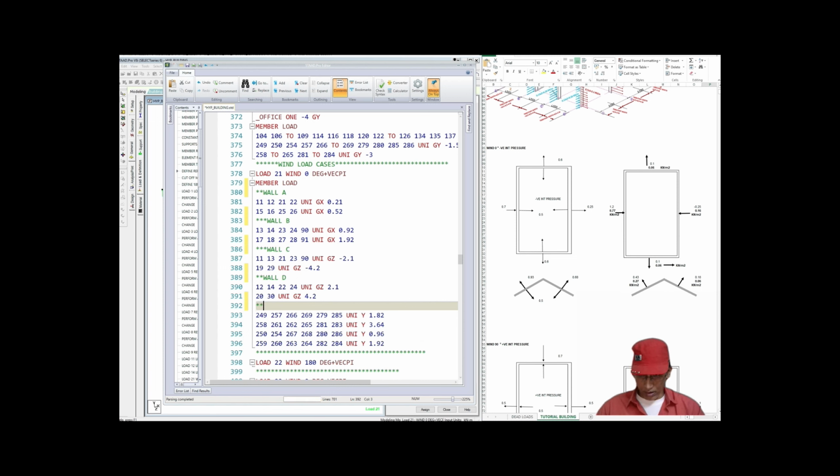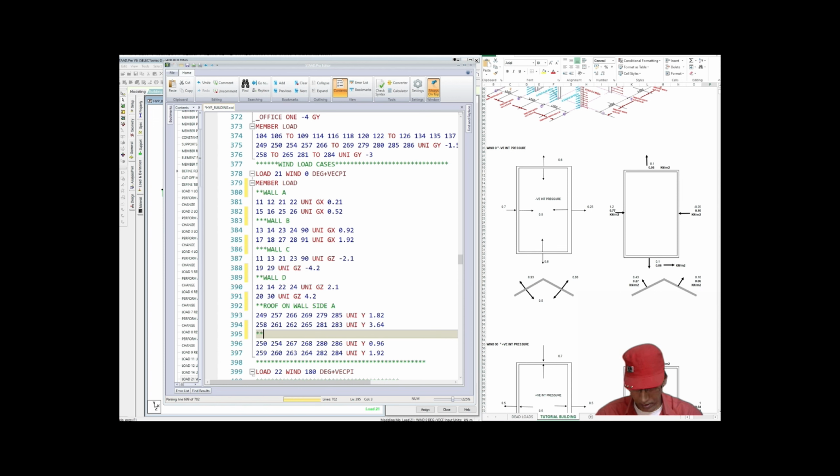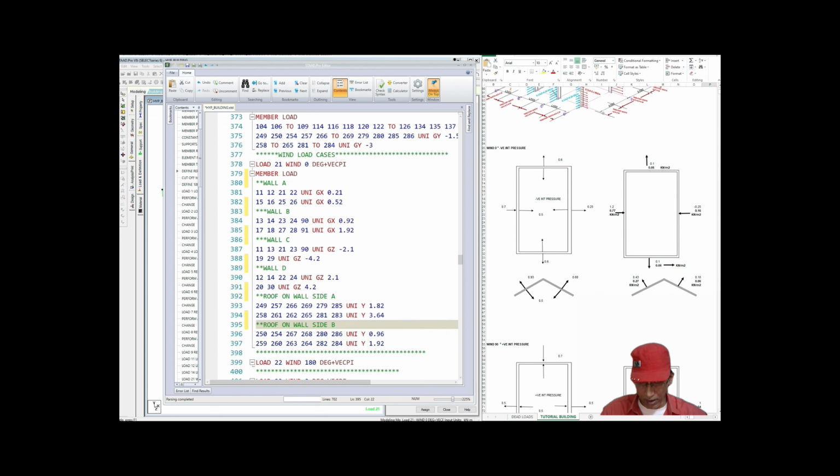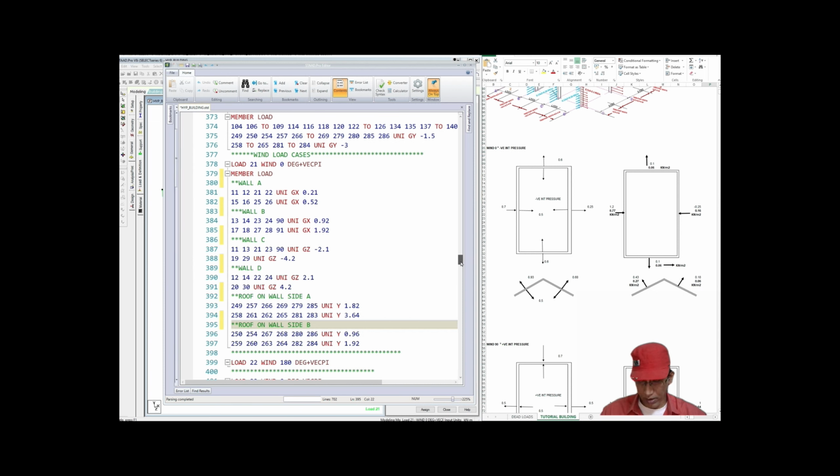Now this is the wind load. First 2 cases are the load that has been applied on the rafter on wall side A. So roof on wall side A. Roof on wall side B. Now we shall copy this load case number 21 and use it to generate load number 22.